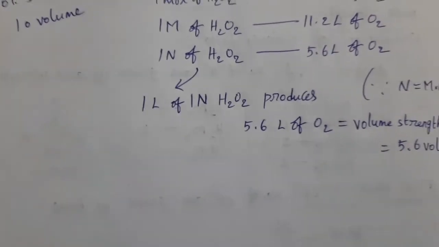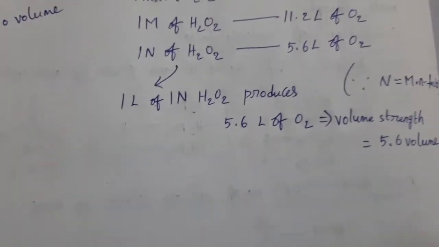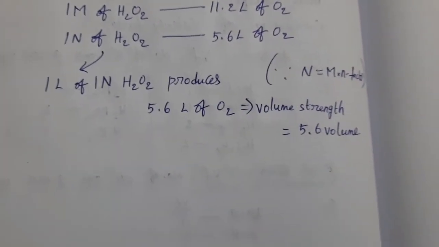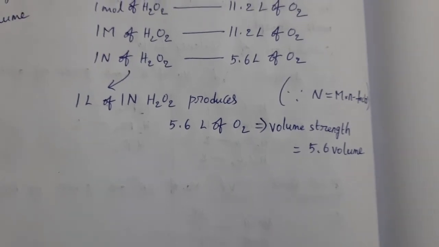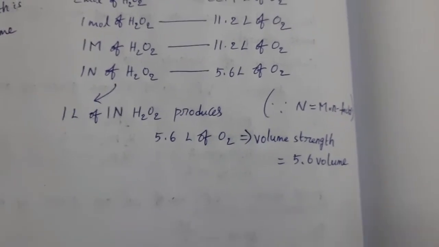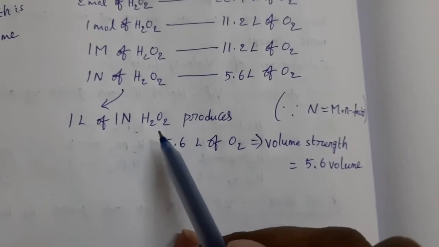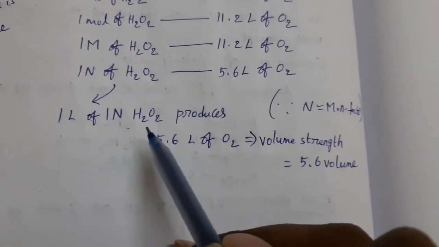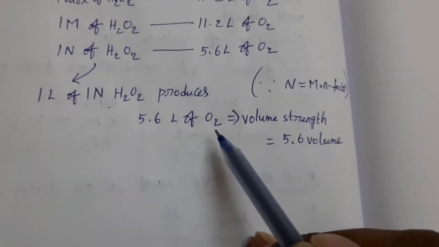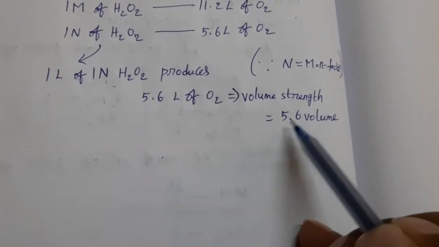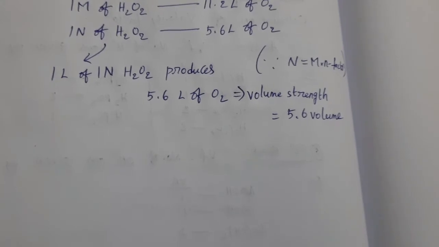Understand, students? 1 liter of 1 normal H2O2 produces 5.6 liters of oxygen, means its volume strength is 5.6 volume.